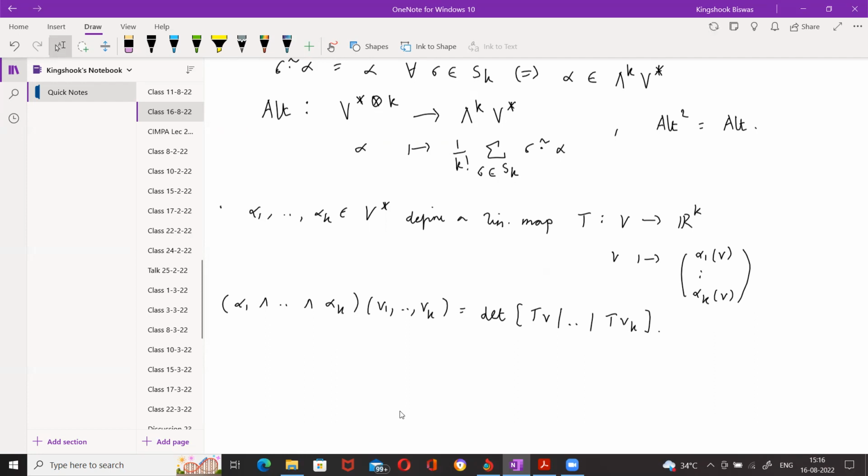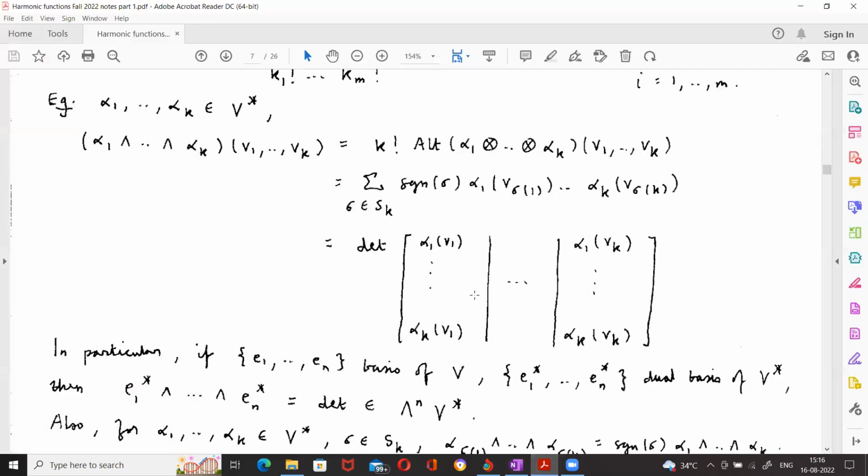Is this clear? Yes. So it's this determinant.